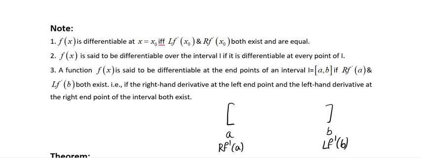That means the right hand derivative at the left end point of the closed interval a, b and the left hand derivative at the right end point of the interval both exist. Then only we say that f of x is differentiable at the end points a and b.